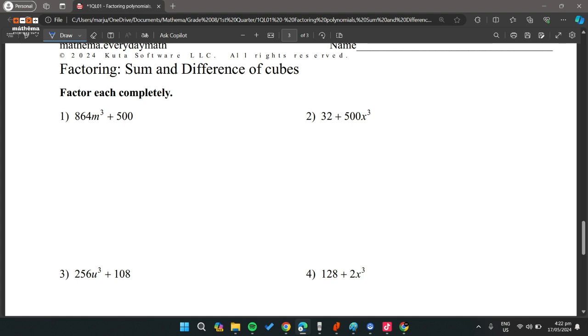Alright, how do we factor this one? Anong gagawin natin when we factor out this number? Alright, so again, how do we factor this one out?